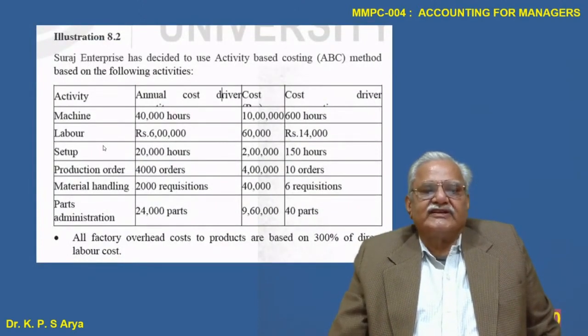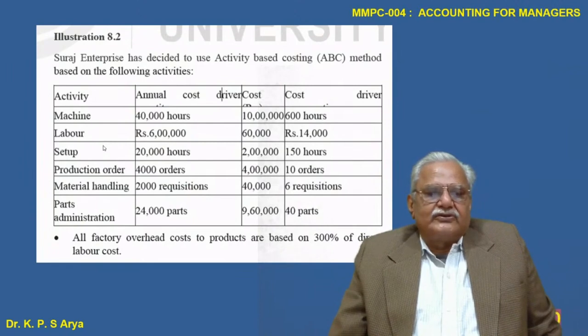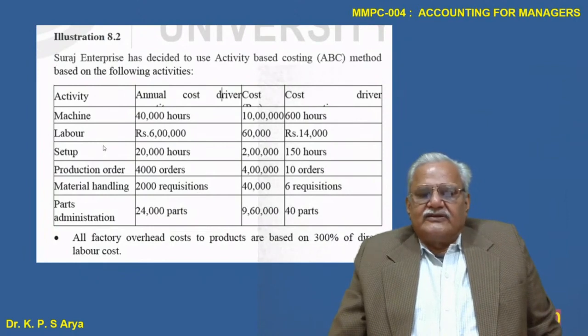Suraj Enterprises have decided to use the activity-based method for the following activities: machine 40 hours, cost 10 lakhs, driver 600 hours; then labor 6 lakhs, cost 60,000, cost of driver is 14,000; setup 20,000 hours, cost 2 lakhs, driver 150 hours; production order 4,000 orders, cost 4 lakh rupees, driver 10 orders; material handling 2,000 requisitions, cost 40,000, driver requisitions; then part administration 24,000 parts, cost 9 lakh 60,000, driver 40 parts.